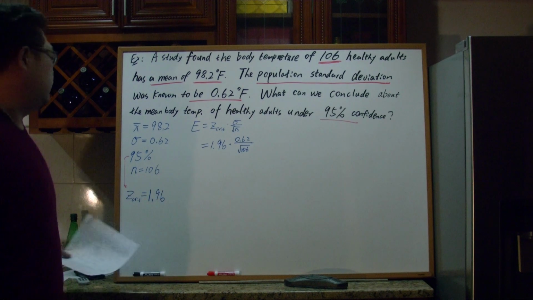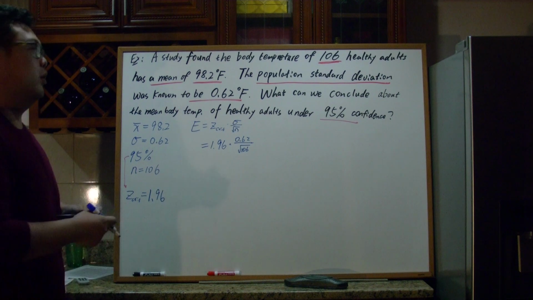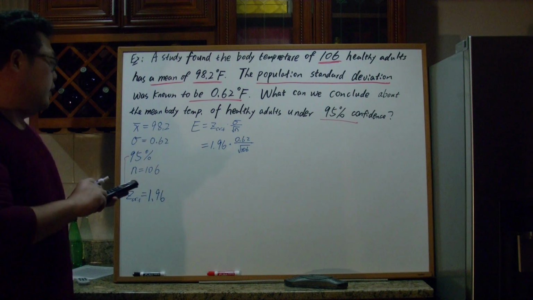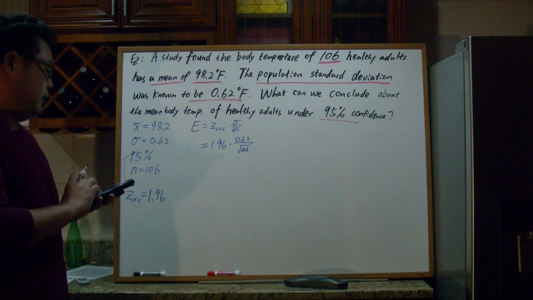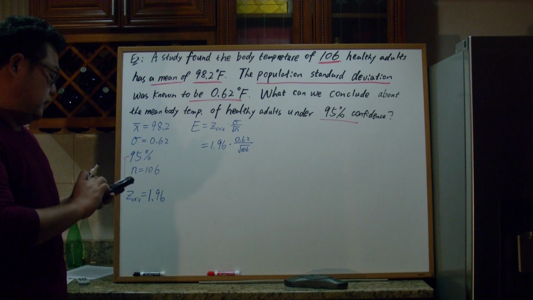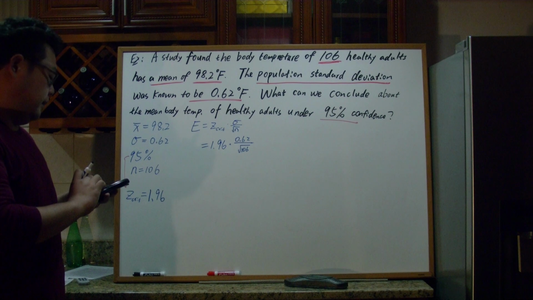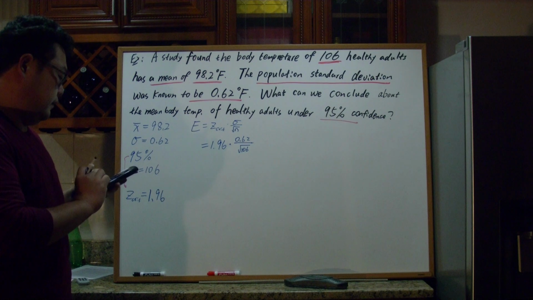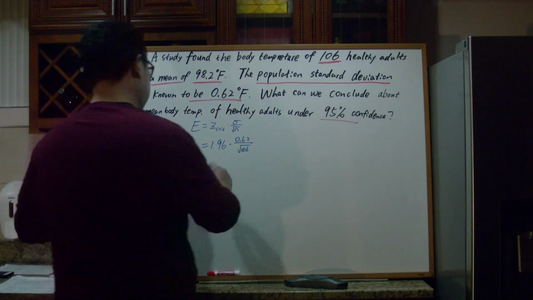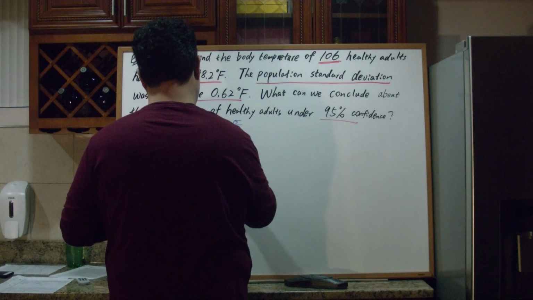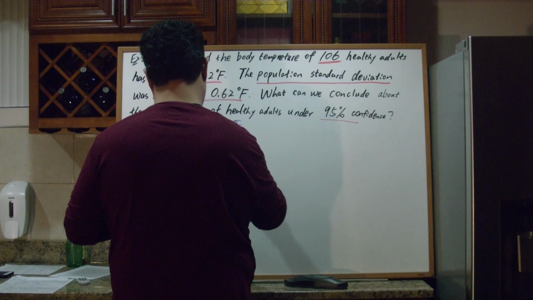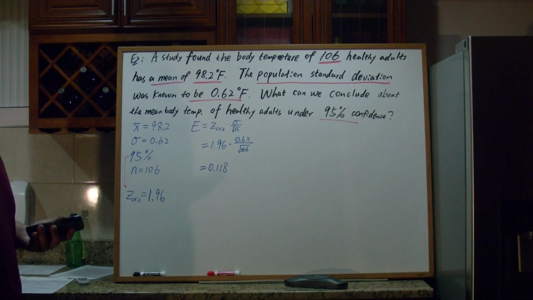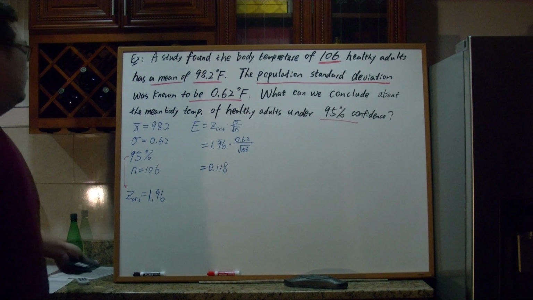You could keep more digits if you want, but 2 or 3 digits will be good enough. 1.96 times 0.62 divided by the square root of 106. If you want to keep 3 digits, that is 0.118 as the margin of error.